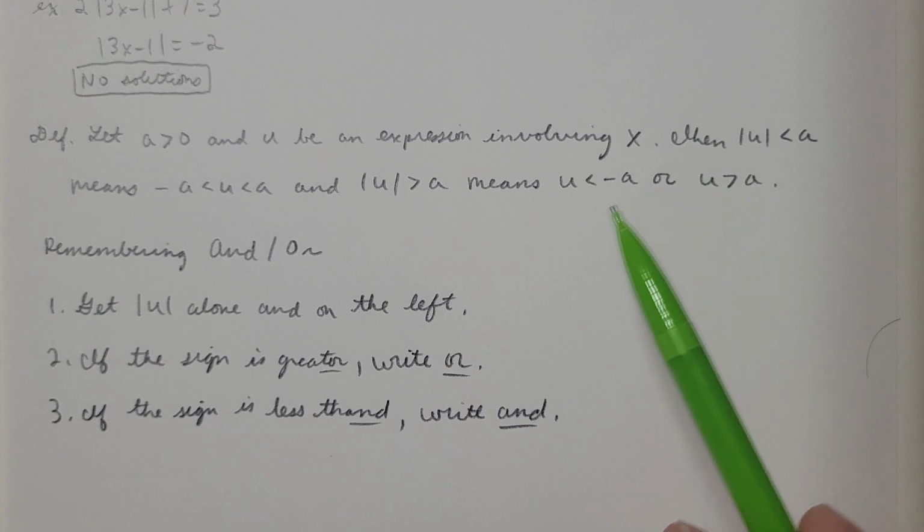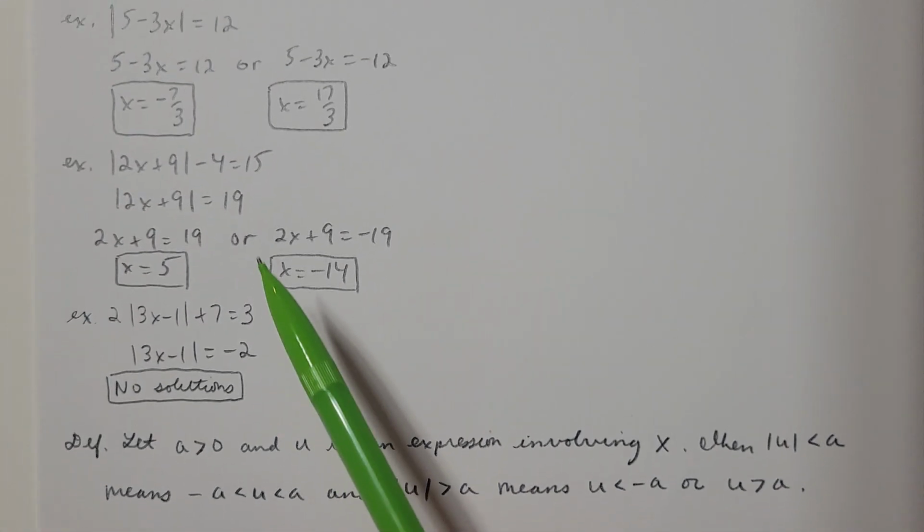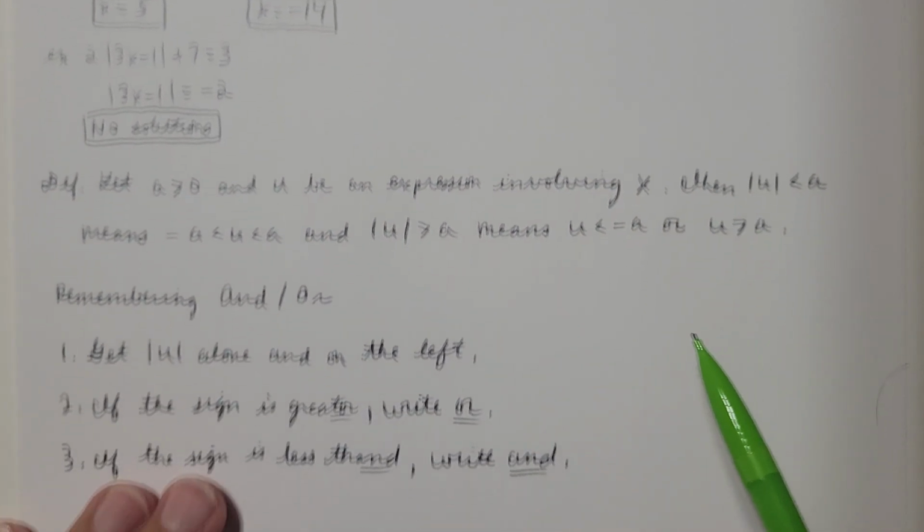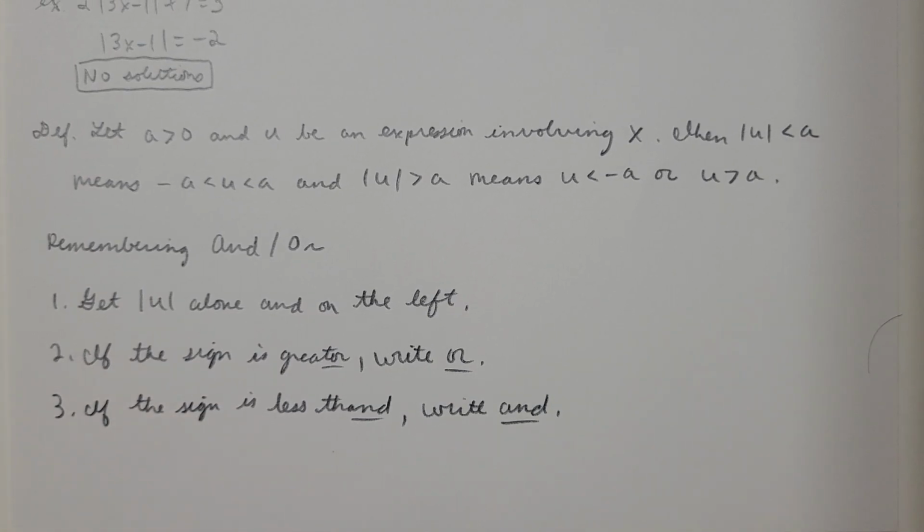So if I'm adding numbers or subtracting numbers, I need to take care of that, to get the absolute value of U all alone. Then the next thing is item 2. It says if the sign is a greater than sign, and I'm going to purposely misspell the word greater, I write the word or.